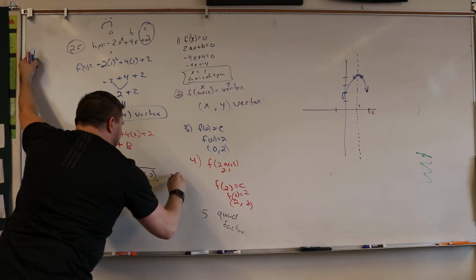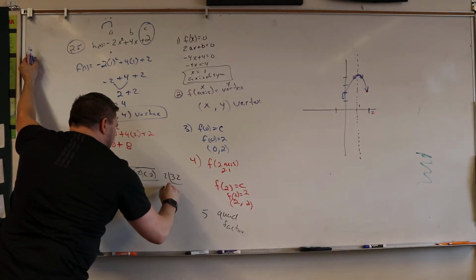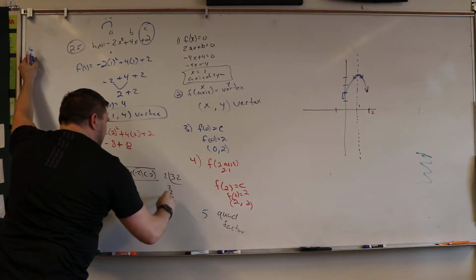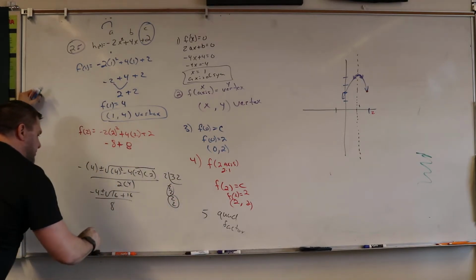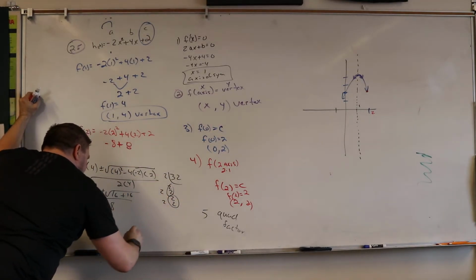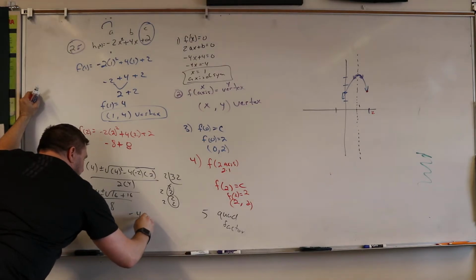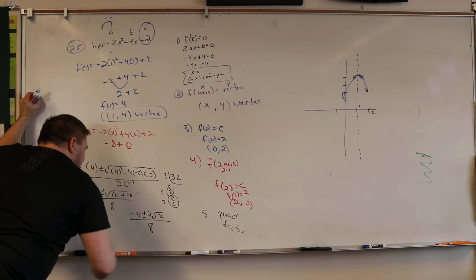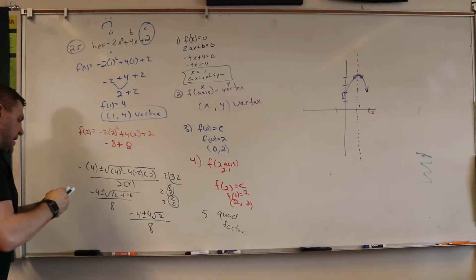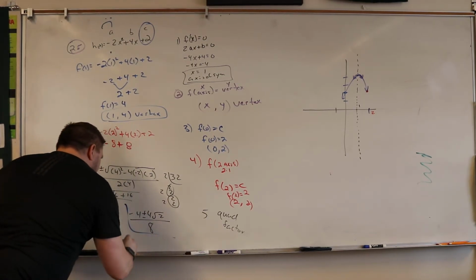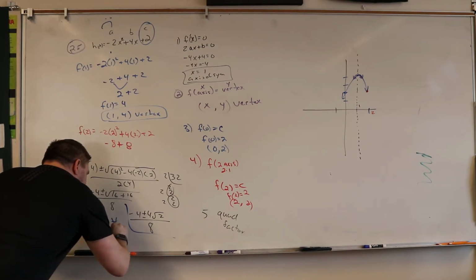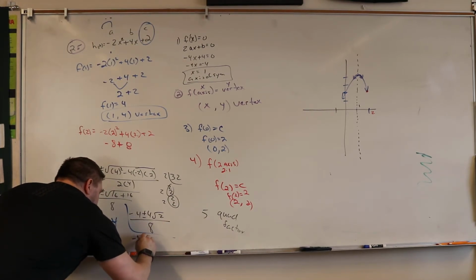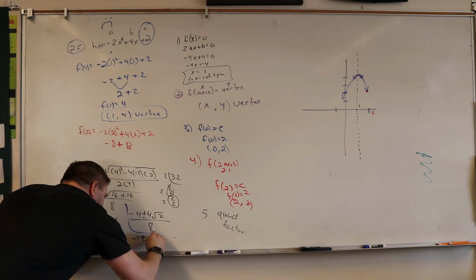Break down 32: that's five 2s, so I take 2 pairs out. That's 2 times 2, which is 4. So we got negative 4 plus or minus 4 square root 2 all over 8. Take out a 4, and we get negative 1 plus or minus 1 square root 2 over 2.